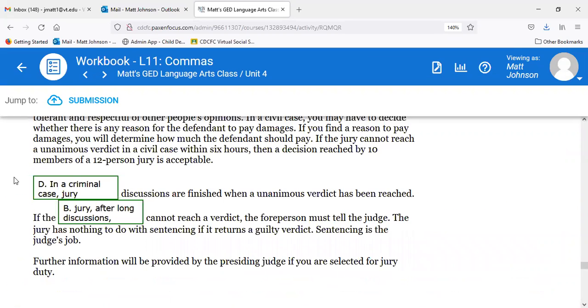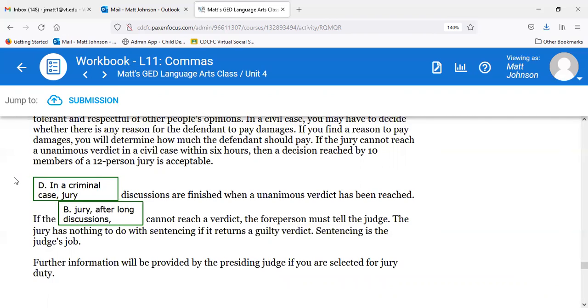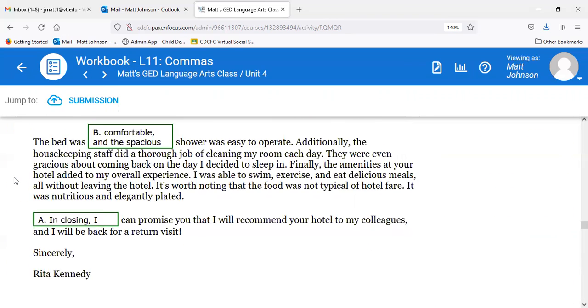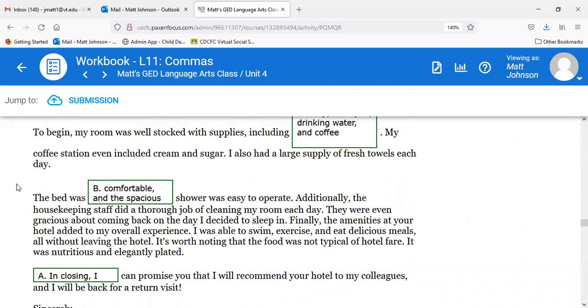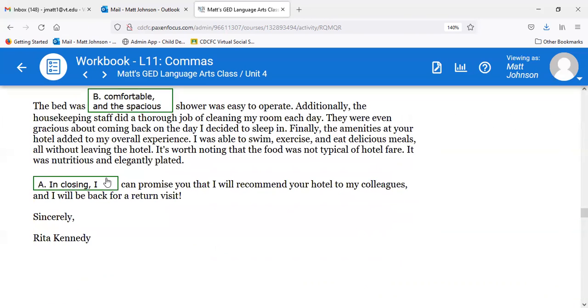From the jury, or the one before that? No, the one for number 4, the hotel. Last section. This one? Or from the student quiz? No, this one. Okay. Number 4? Yeah, in closing. A. In closing, A. Thank you.